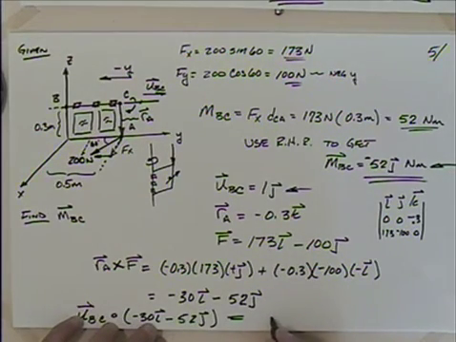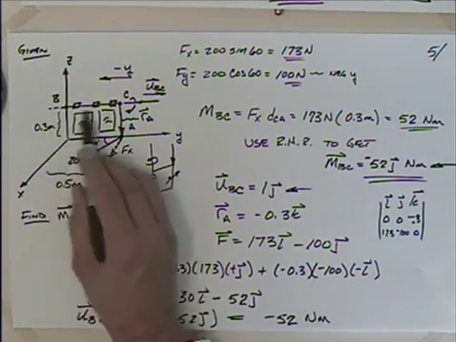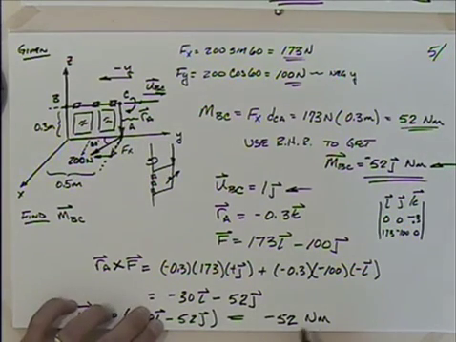So you're going to have minus 52. You just get the magnitude out. Minus 52, and that will be Newton meters. Okay, so that's about the axes BC. So I think we're okay there. We got the same answer.